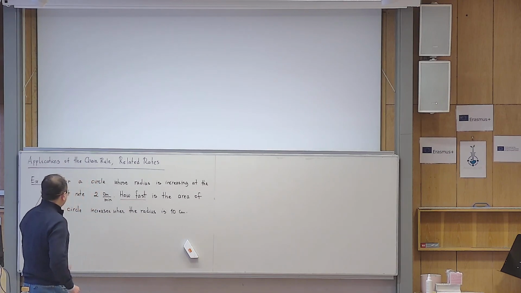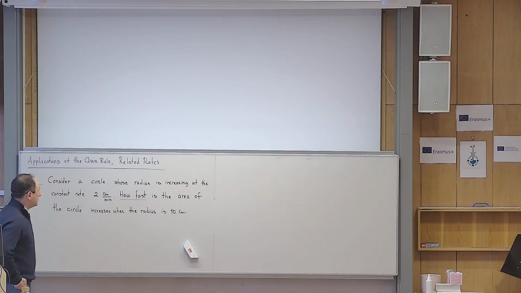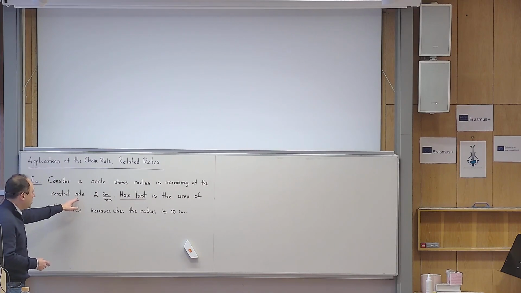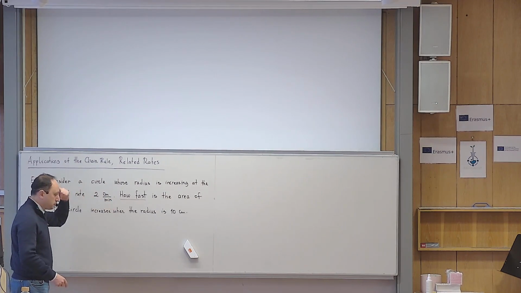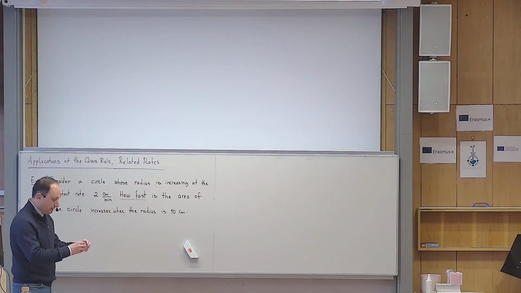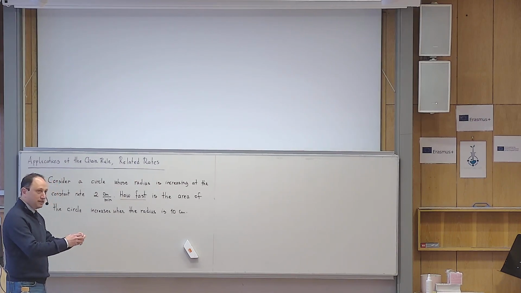Okay? So consider a circle whose radius is increasing at a constant rate, 2 centimeters per minute. How fast is the area of the circle increasing when the radius is 10? Of course, this is important to understand because the radius is changing over time.